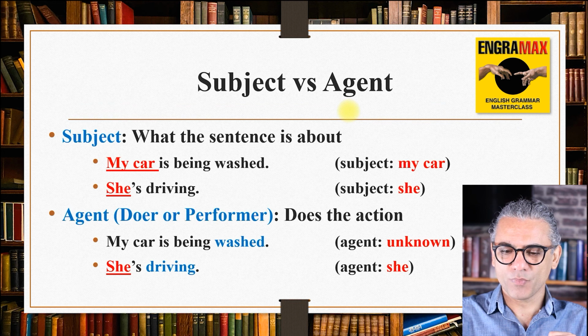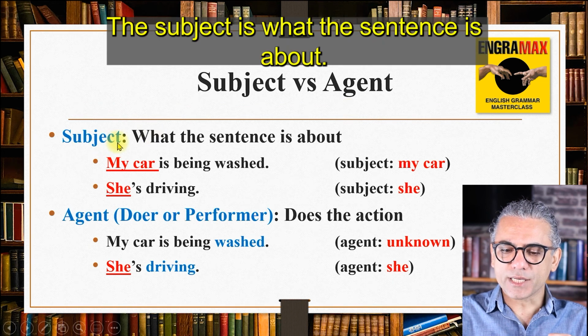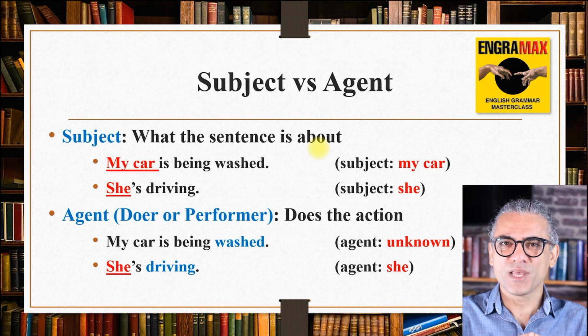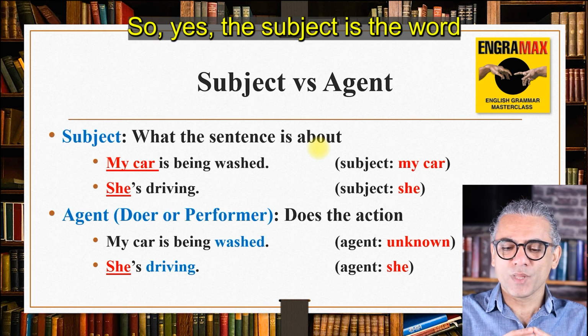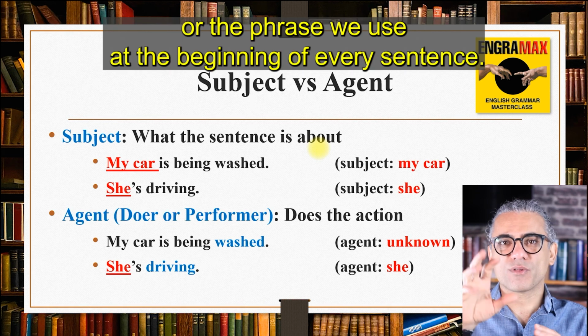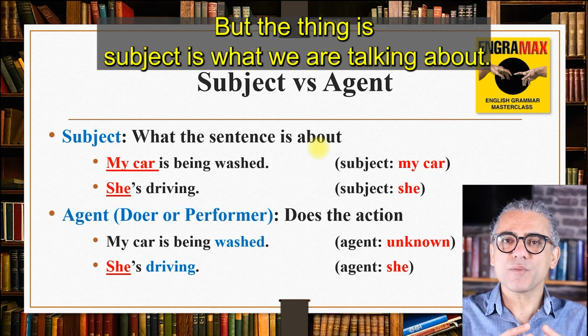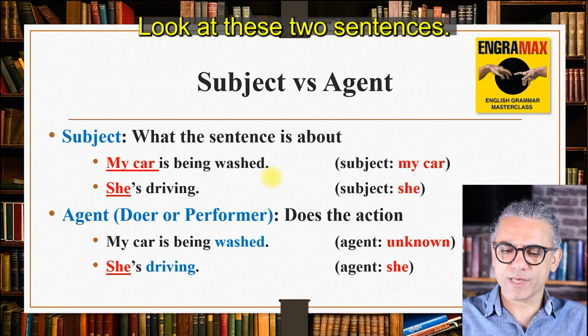For example, the subject is what the sentence is about. Sometimes you enter a discussion and ask, okay, what subject are we talking about? So yes, the subject is the word or the phrase we use at the beginning of every sentence. But the thing is, the subject is what we are talking about. Look at these two sentences.